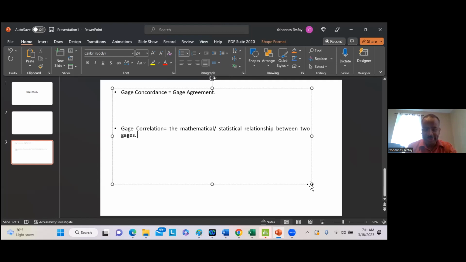This is also important. So two gauges are assumed to have a good concordance if their correlation is at least linear. Actually, their linear correlation.